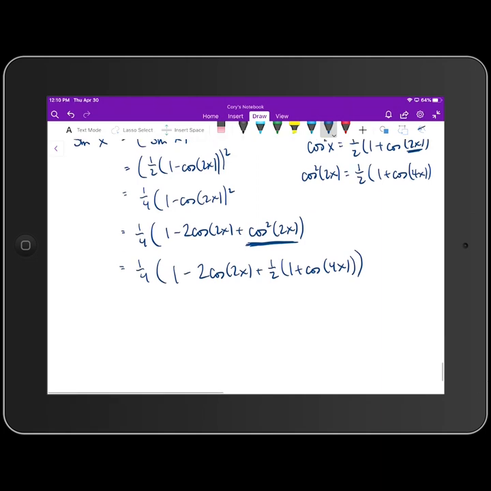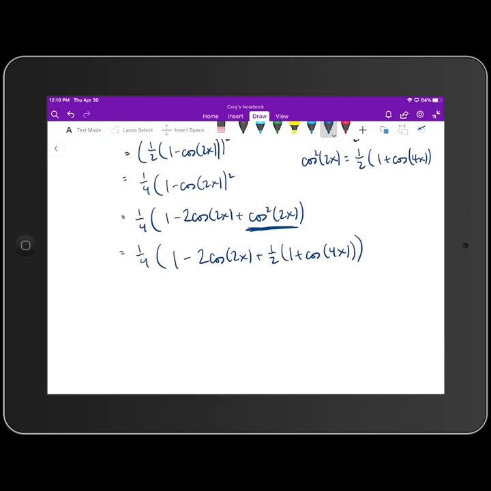And then we just want to further simplify this, so I'm going to distribute 1/2 across both of these terms. So we have 1 minus 2 times the cosine of 2x plus 1/2 plus 1/2 times the cosine of 4x. Then I'm going to combine the two constant terms.